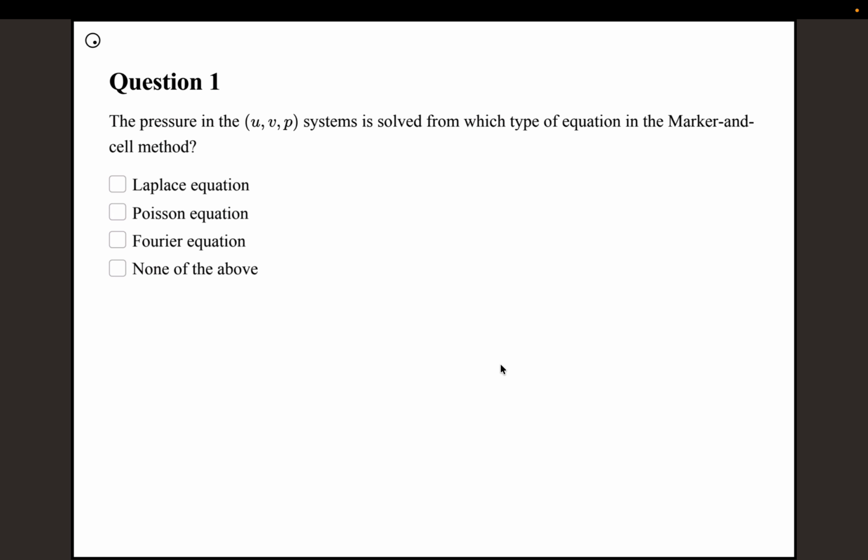Okay. First one: the pressure in the system is solved from which type of equation in the marker and cell method? So how are we solving pressure? We are not directly solving it.